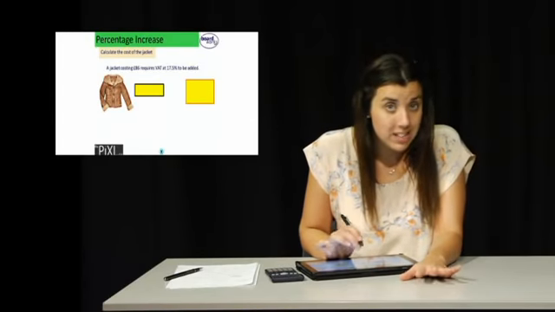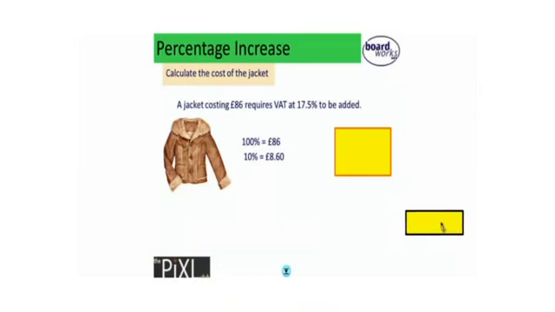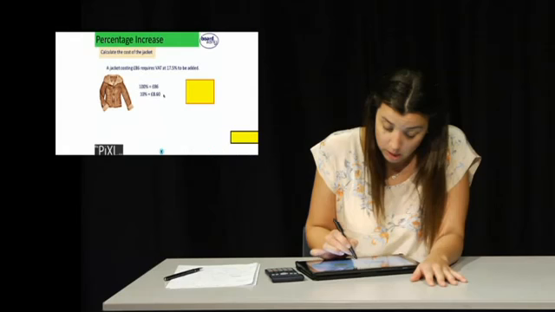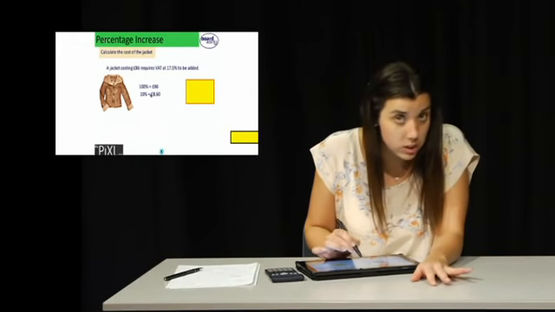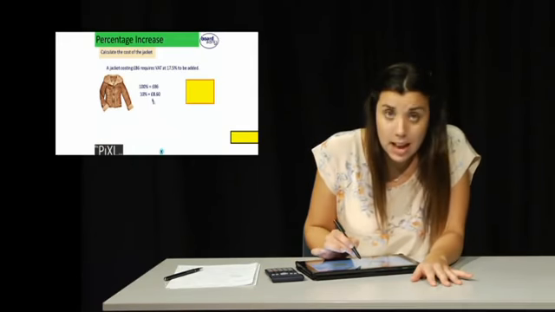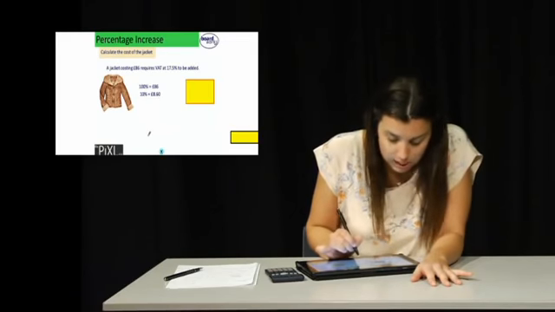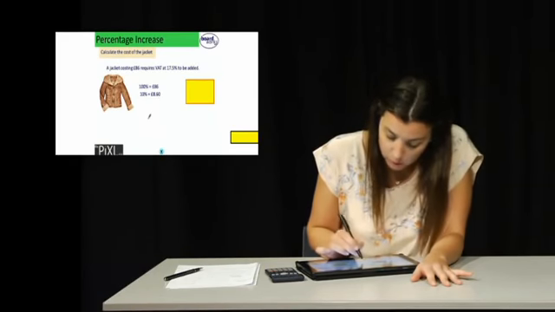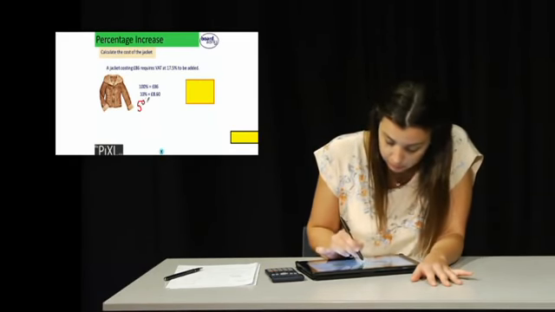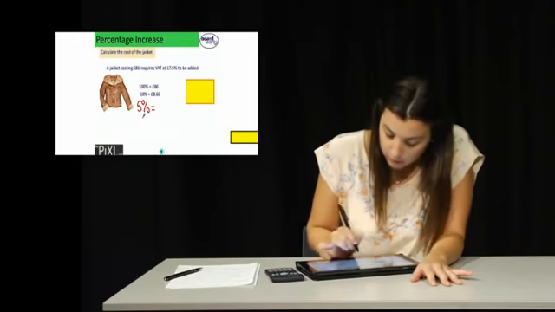We're going to start this question in exactly the same way. We're going to look at 100%. We know 100% is the whole amount of the jacket, £86. We're going to find 10%, as we did in the last example, which is dividing through by 10, which gives us £8.60. Then we're going to do something slightly different. Instead of going to 1%, we're going to look at 5%. This is going to make it easier to find 17.5.